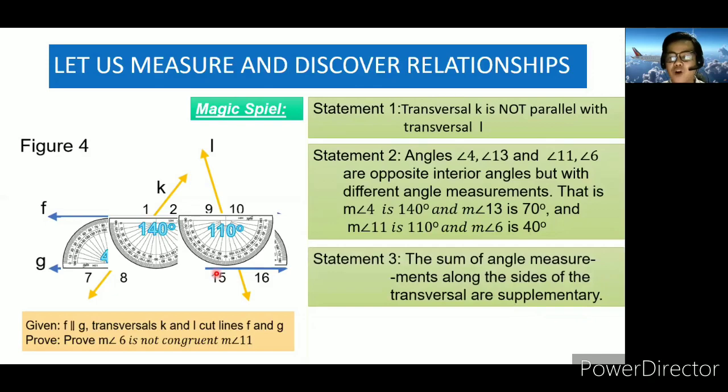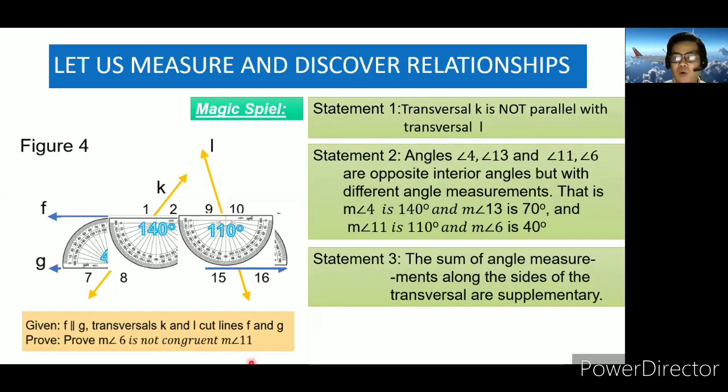So you can claim for your statement number 3, you can write that the sum of angle measurements along the sides of the transversal are supplementary. So here, angle 6 is 40 degrees plus angle 4 is 140 degrees. So 140 plus 40, that is 180 degrees, and that makes it supplementary. Same with on this side. Okay?